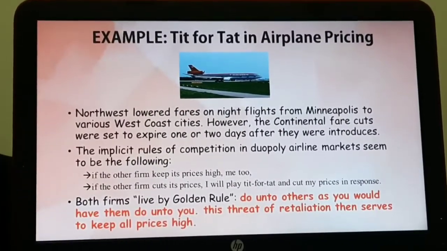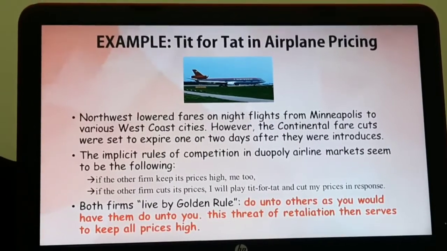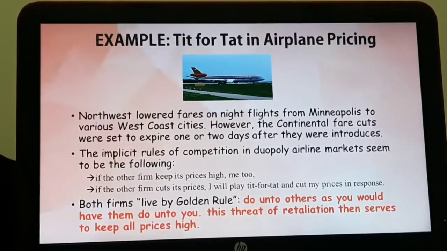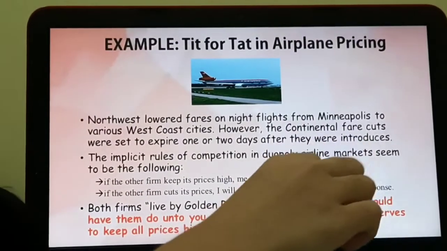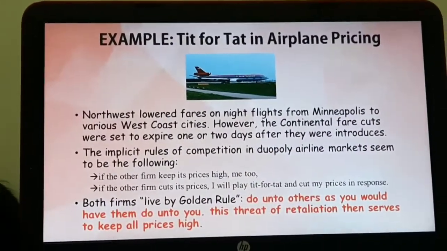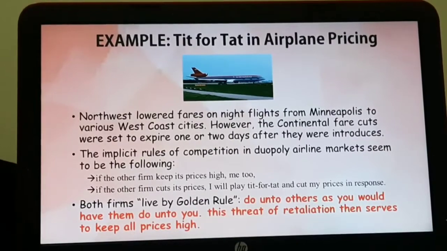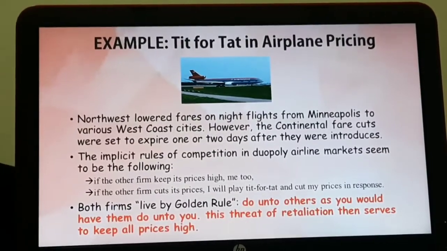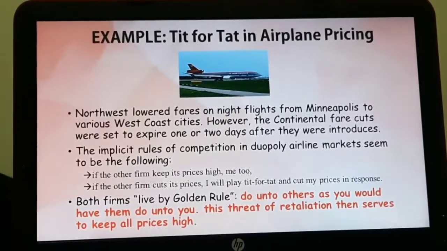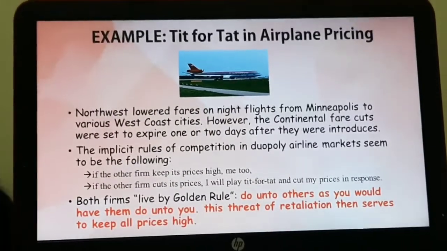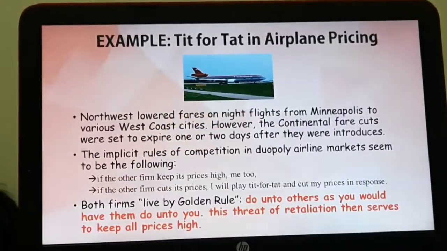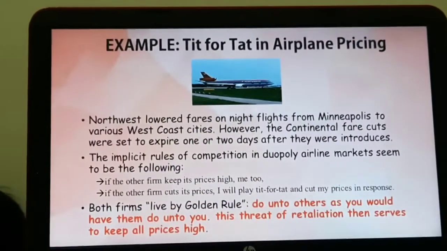So it's quite tricky, or the marketing strategy is really different. That's why later on Continental asked Northwest to do the same thing as what Continental did. So Northwest should change the fares or the cut fares at night.